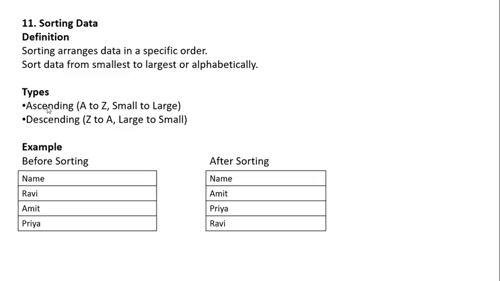The types are ascending, A to Z or small to large, and descending, Z to A or large to small. For example, before sorting, the names are Ravi, Amit, and Priya. After sorting in ascending order, the names are Amit first, then Priya, and last Ravi.